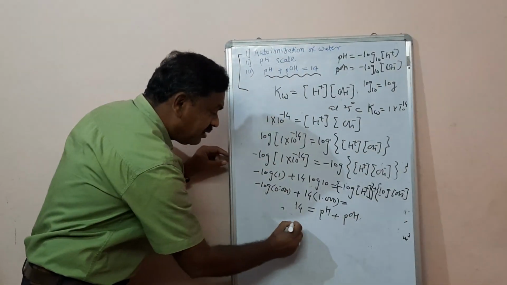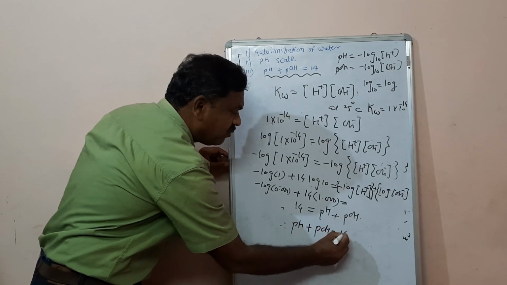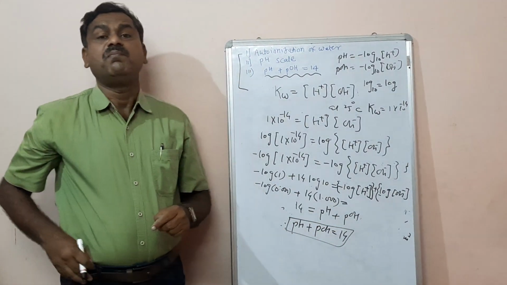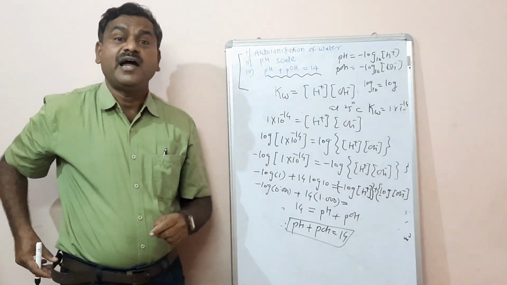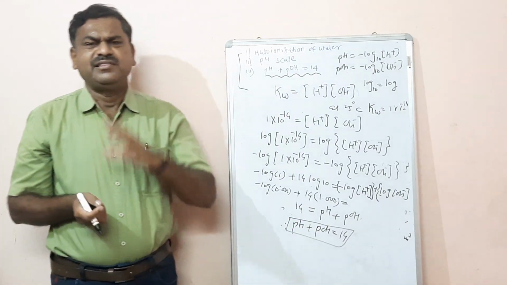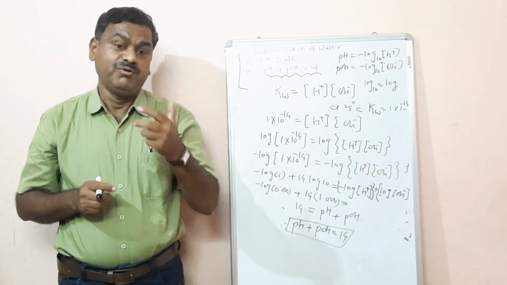Therefore, pH plus pOH equal to 14, and that is the relationship between pH and pOH, and that is very important from the examination point of view.